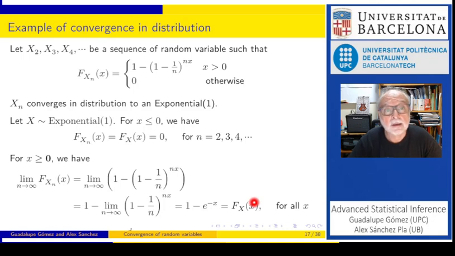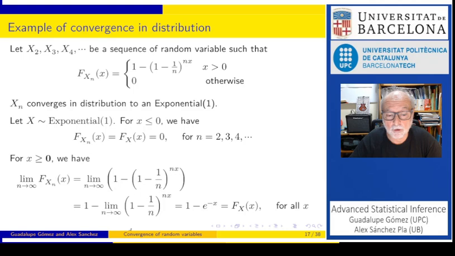What does this mean? It means that these variables converge in distribution to the exponential distribution, that is, the sequence of distribution functions has this limiting distribution. So that would be about two forms of convergence of a sequence of random variables to a random variable, and one form of convergence in distribution.